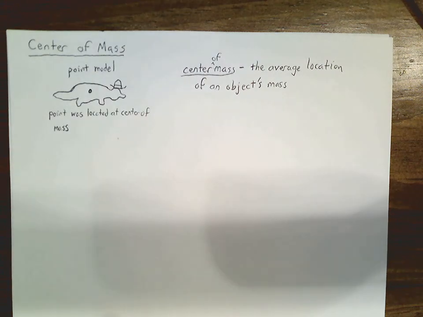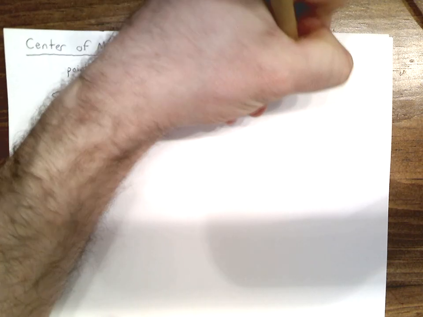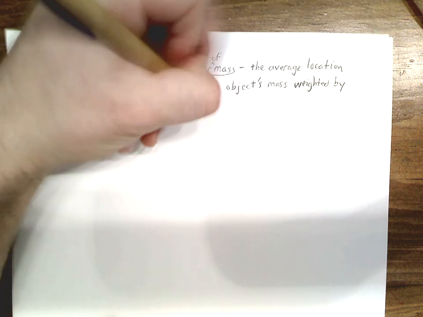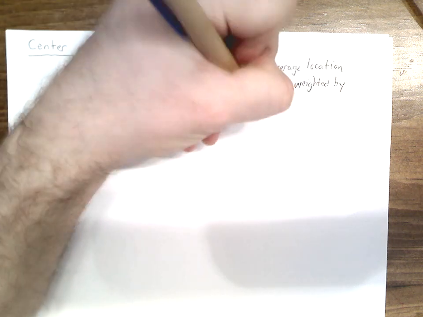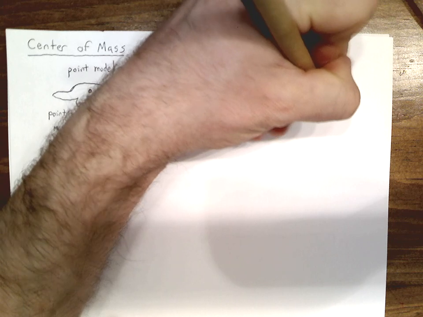But this average is a weighted average, and it's weighted by how far a particular piece of mass is away from some reference point. So the average location of an object's mass weighted by the distance of the mass from some reference point.